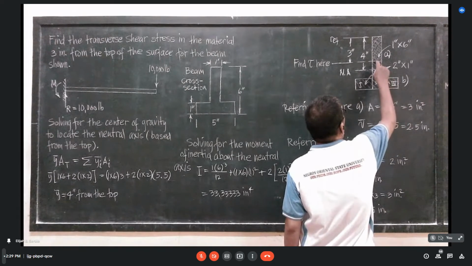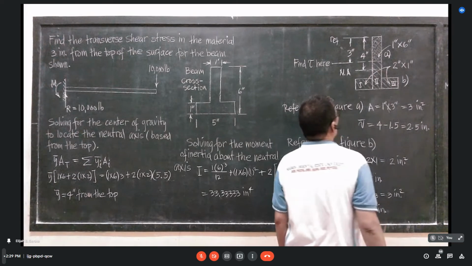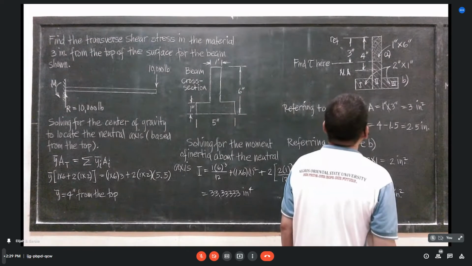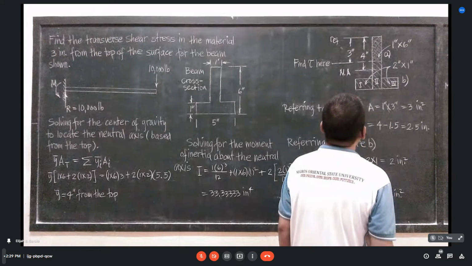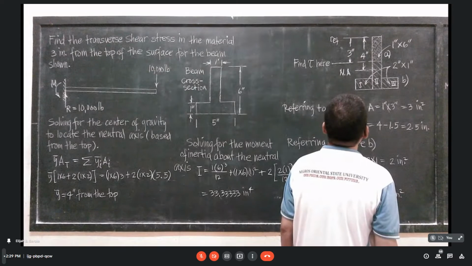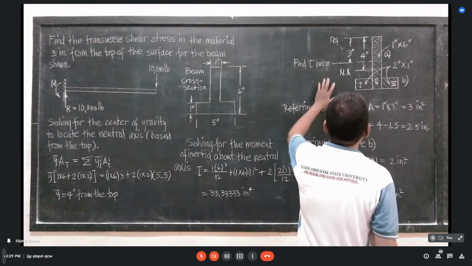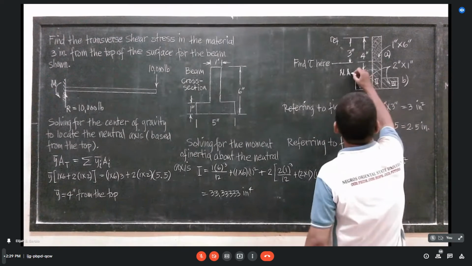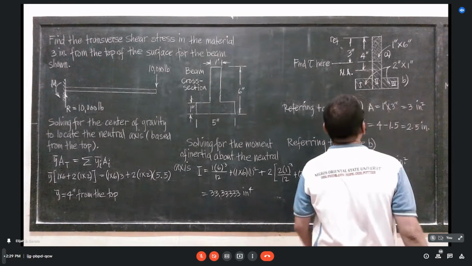Our reference is the center of gravity, or the centroid, of this rectangle. But is that where we want to find the moment of inertia? No, sir. Where then? Here at the 4. What do we call that? The neutral axis. So we are going to find the moment of inertia about the neutral axis.